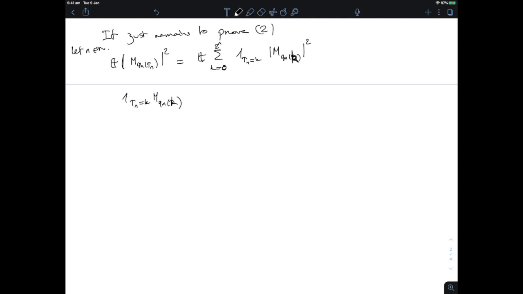This object here is equal to, I claim, the expectation, when τ_n is k, of M_t given F_k^n. That's by the martingale property, because τ_n being k is F_k^n measurable.